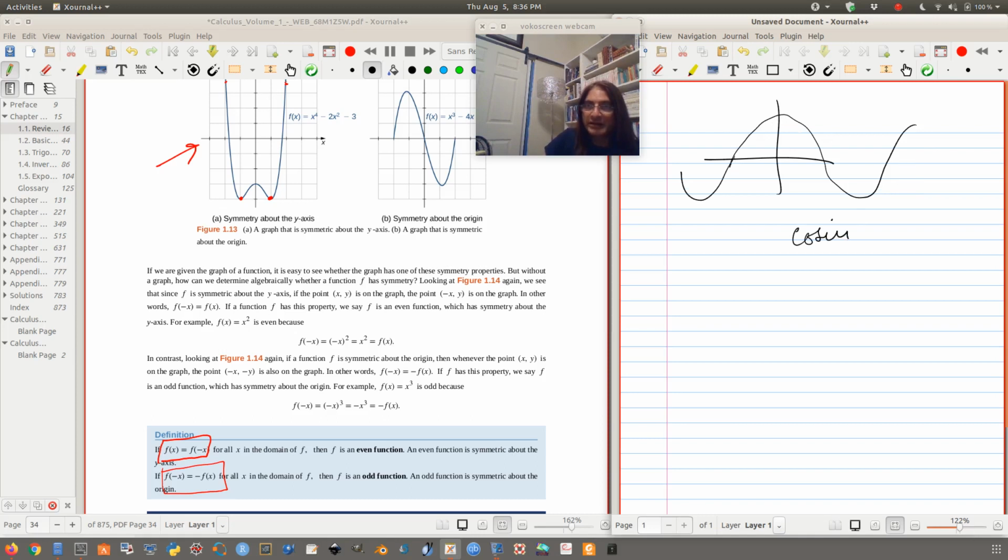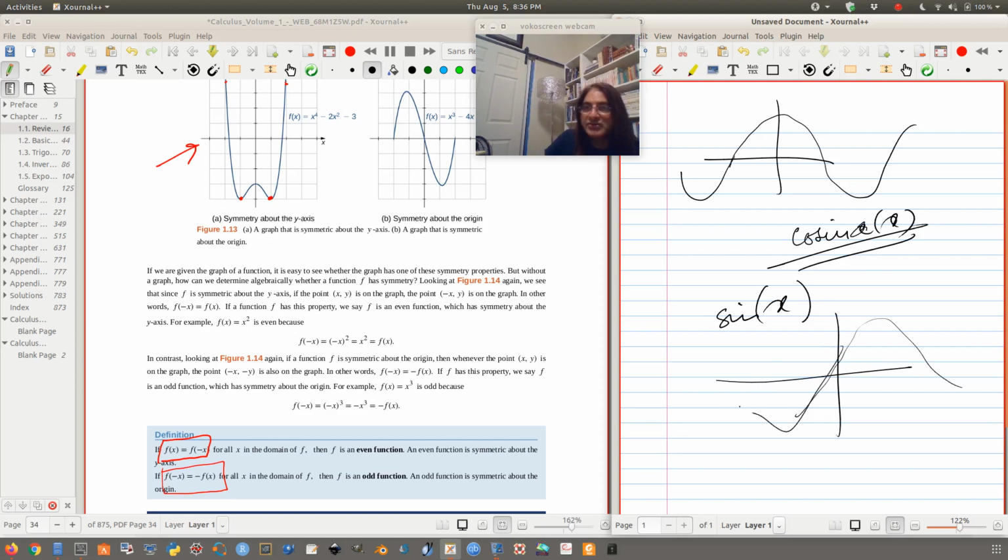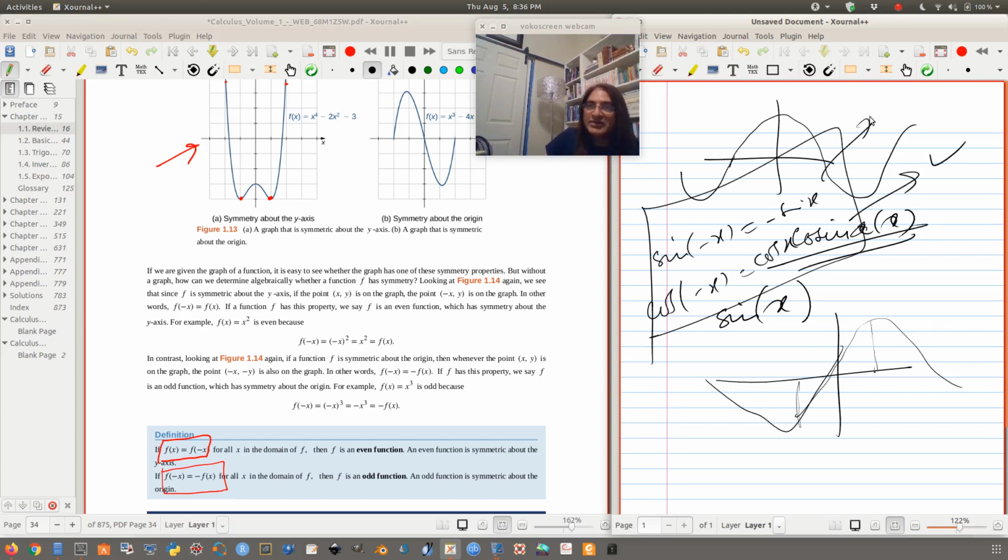So cosine x is an even function, and sine x is an odd function. Remember, sine of negative x is negative sine x, and cosine of negative x is cosine x. And that makes the cosine function even and the sine function odd.